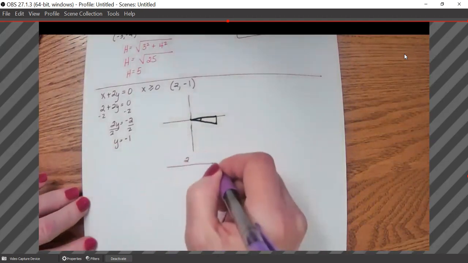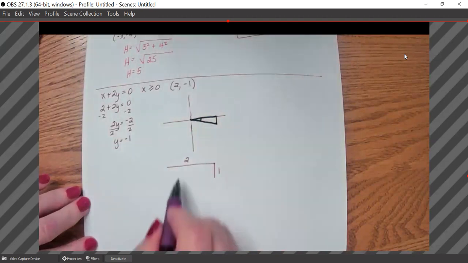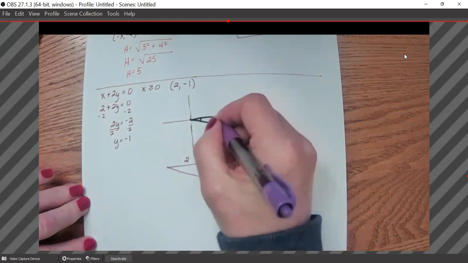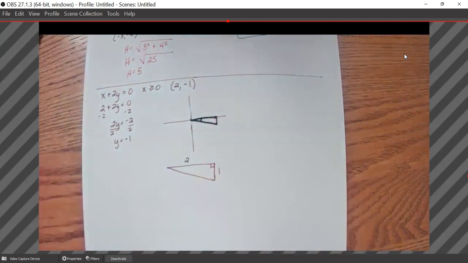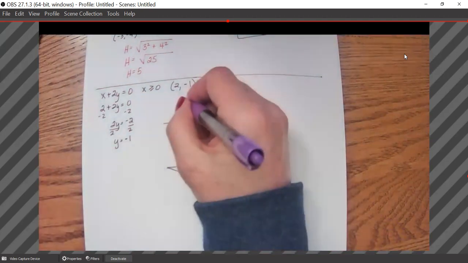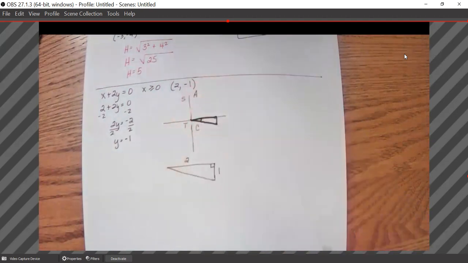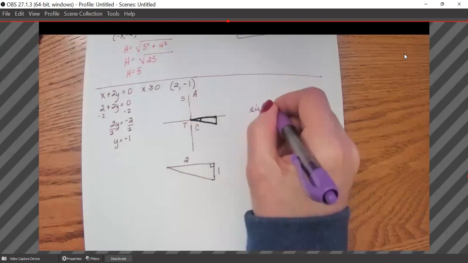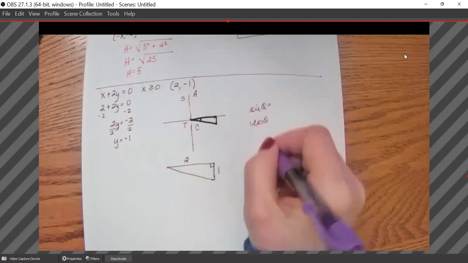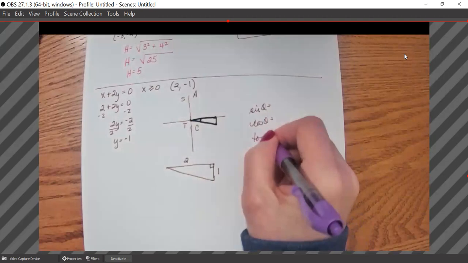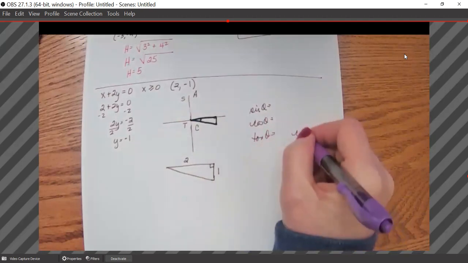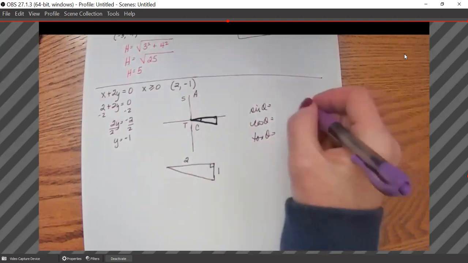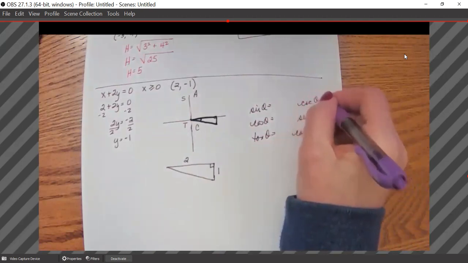X is 2, y is 1, means my hypotenuse. All students take calculus. So if I want the sine of theta, cosine of theta, tan of theta, cotan of theta, secant of theta, and cosecant of theta.